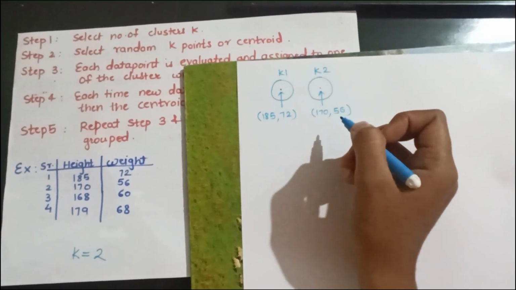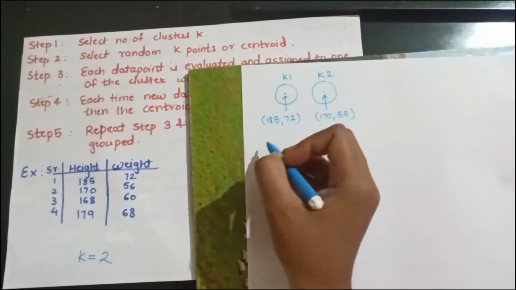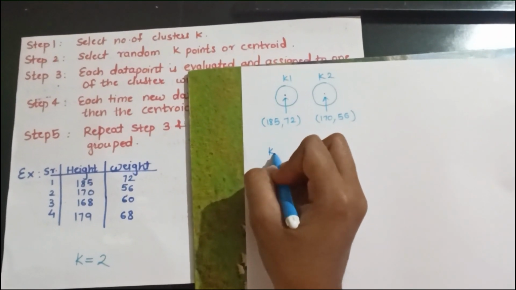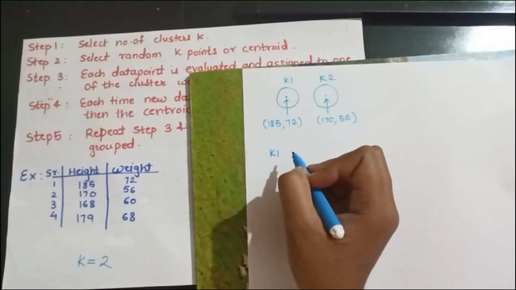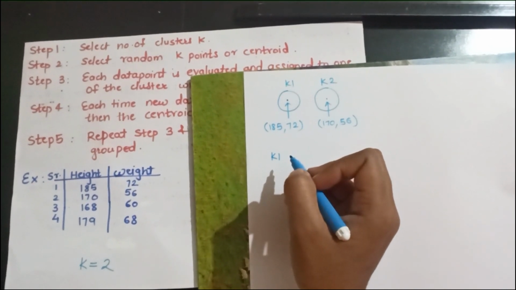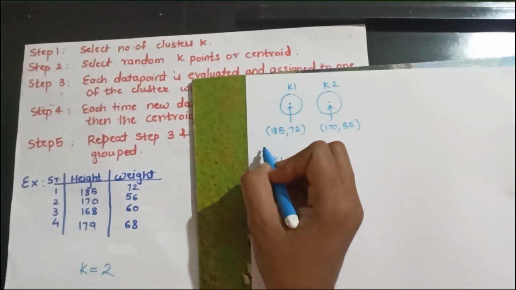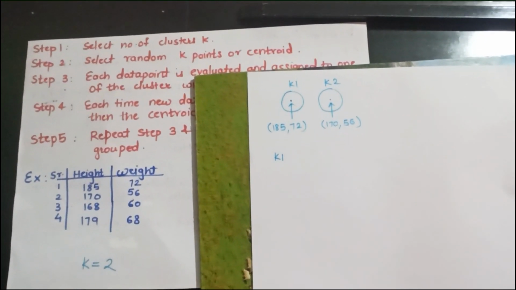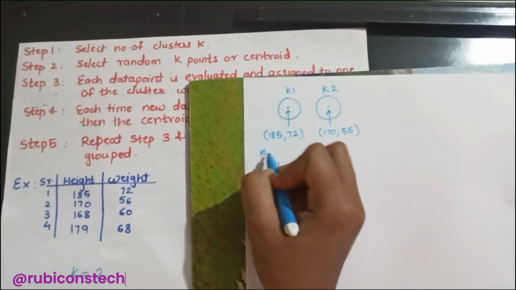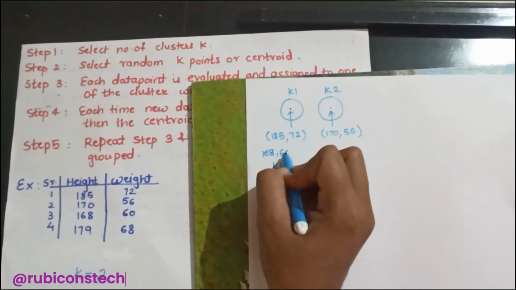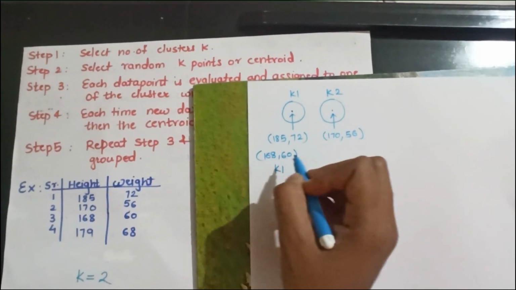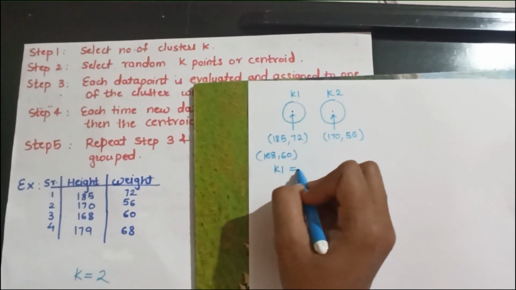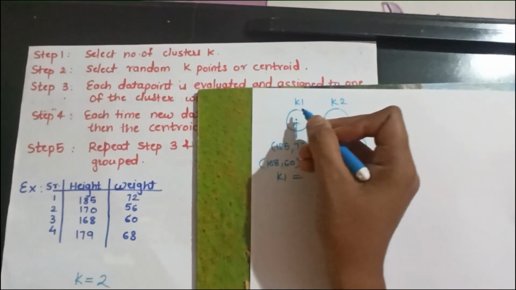So now we will calculate the Euclidean distance for cluster 1 and observation value 3, that is data point 3. The observed value is 168 and 60.